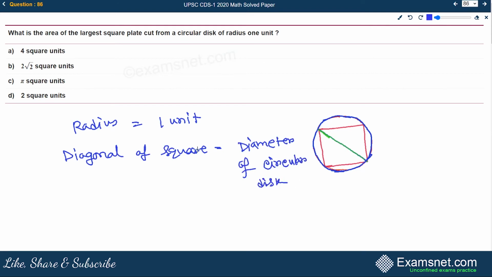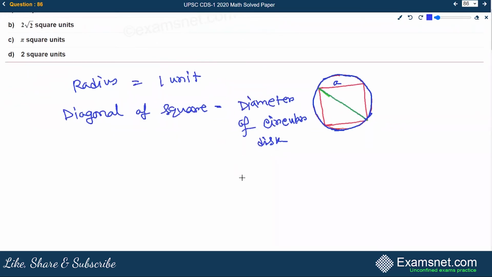Okay, now the largest square plate can be taken out from the circular disc this way. So here, if we assume the side of the square plate as a unit, we know that diagonal of the square equals the diameter of the circular disc.